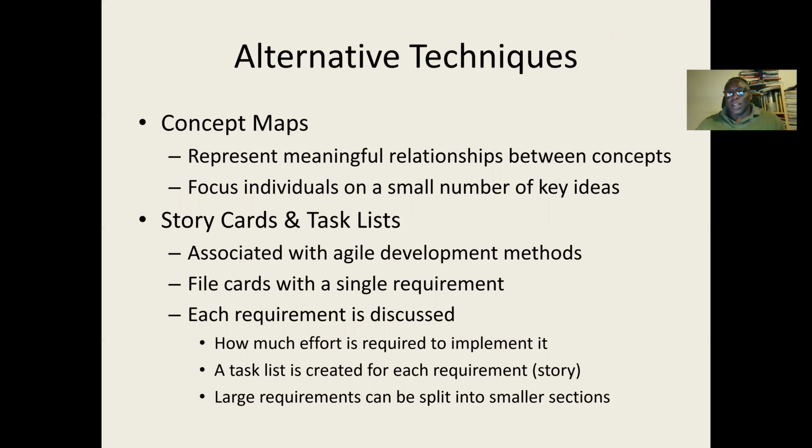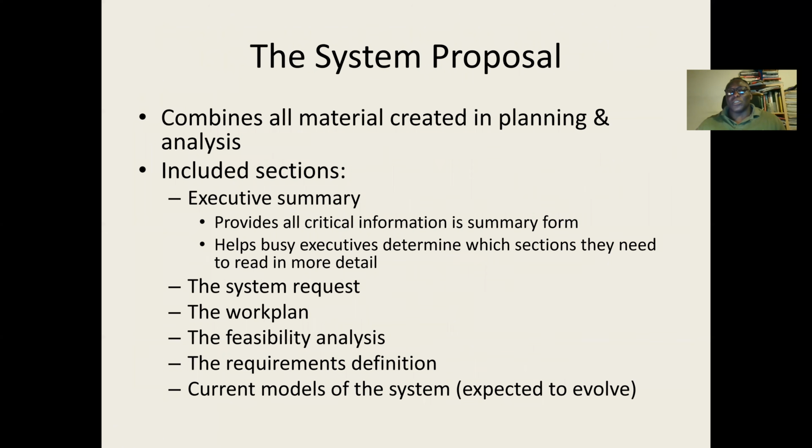Another example is story cards and task lists, associated with agile development methods. Each card holds a single requirement, and each requirement is discussed for how much effort is required to implement it. A task list is created for each requirement. A large requirement can always be split into smaller sections.